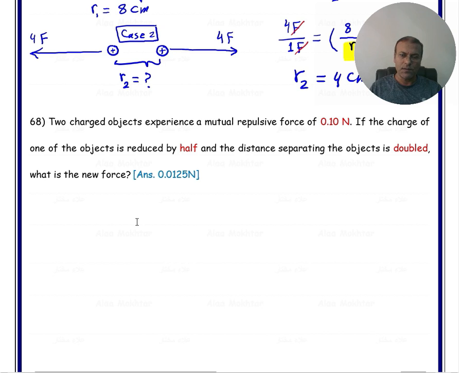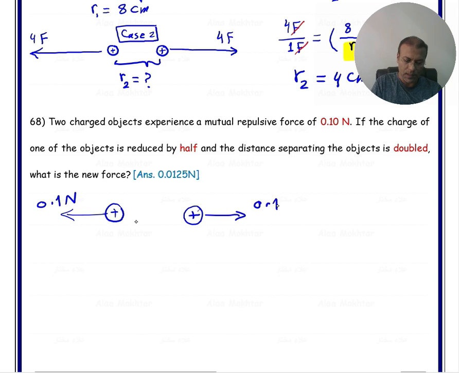Question number 2. Two charged objects experience a mutual repulsive force of 0.1 Newton. We have two charges, charge number 1 and charge number 2, and there is a repulsive force of 0.1 Newton on both sides, Q1 and Q2.